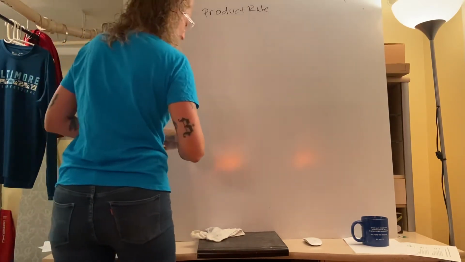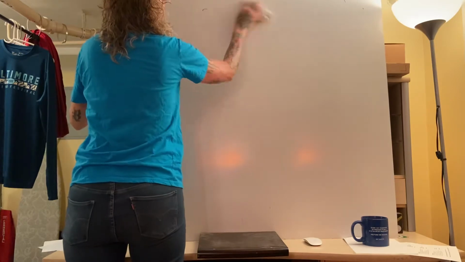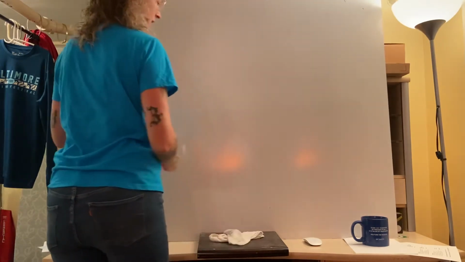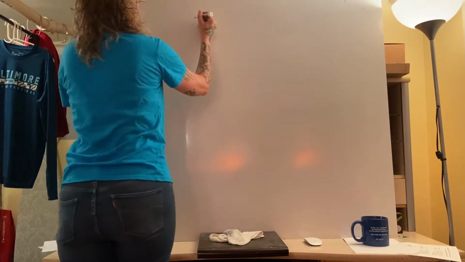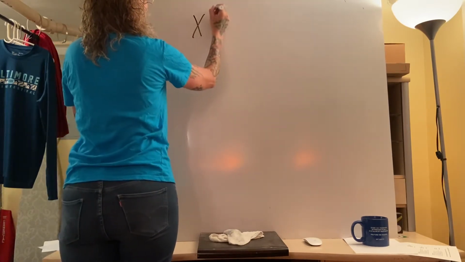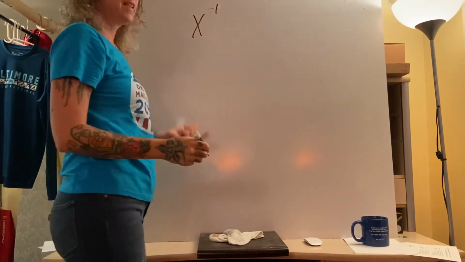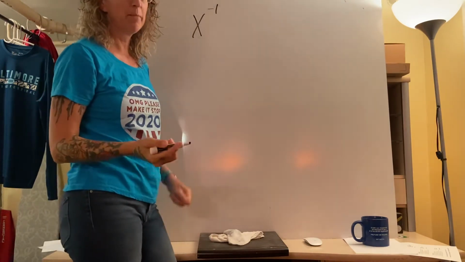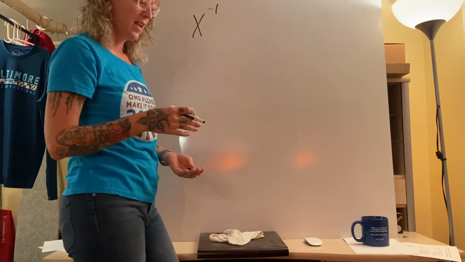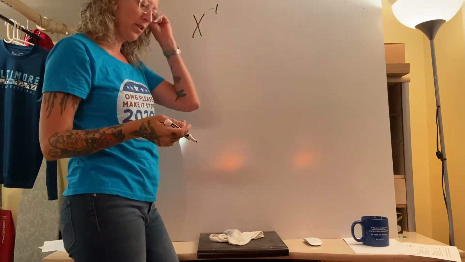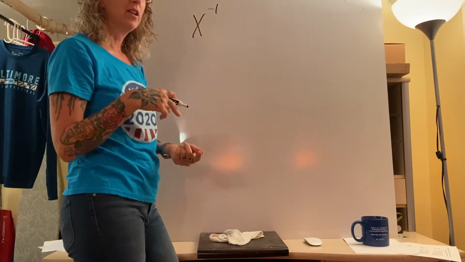So the next one, let's do negative exponents before we get into the quotient rule. So the rule of negative exponents, if I have x to the negative 1, anytime there's a negative exponent, it means inverse. So you're supposed to invert the number. And inverting a number is you turn it upside down.